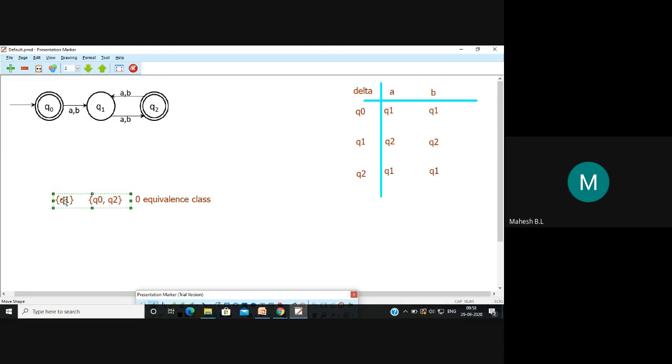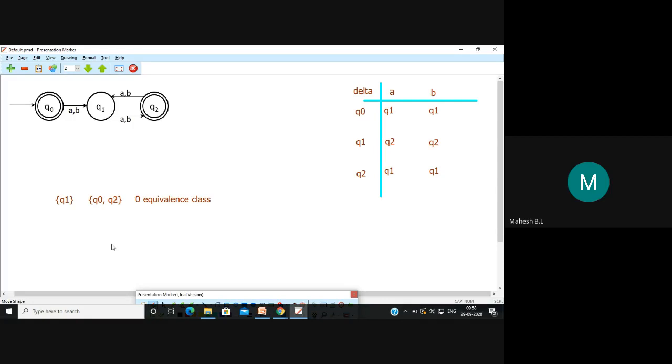There is only one element in one class, and in the other there are two elements, but they are indistinguishable because Q0 and Q2 both have the same transitions on A and B. That's why this is the final set of states.